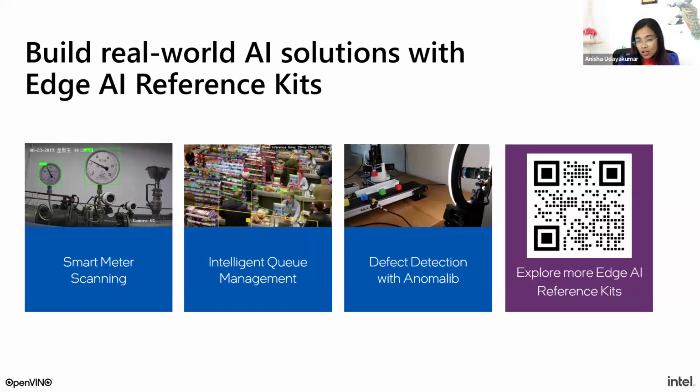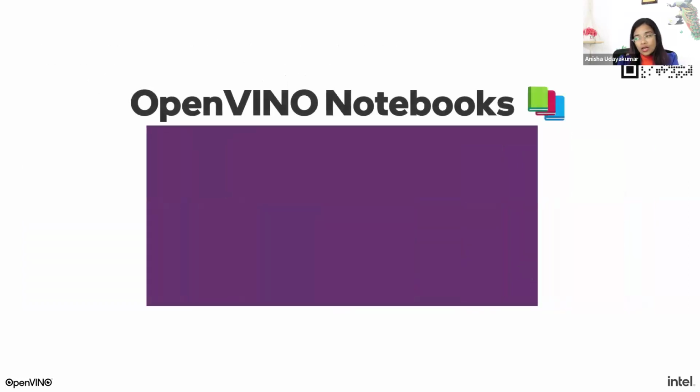By automating all of this, the retail customers or the business can save quite a lot. And we also have defect detection with anomaly and many, many more. If you're really interested, you can scan the QR code and explore our Edge AI reference kit.